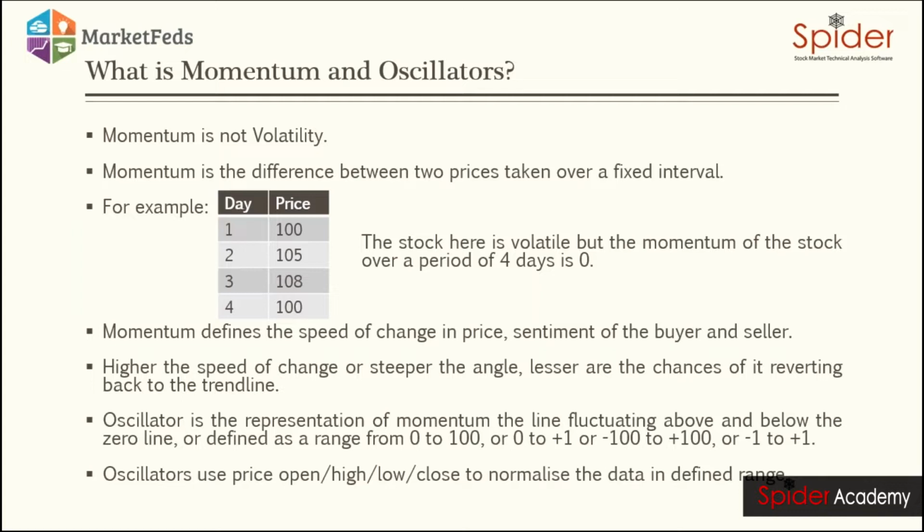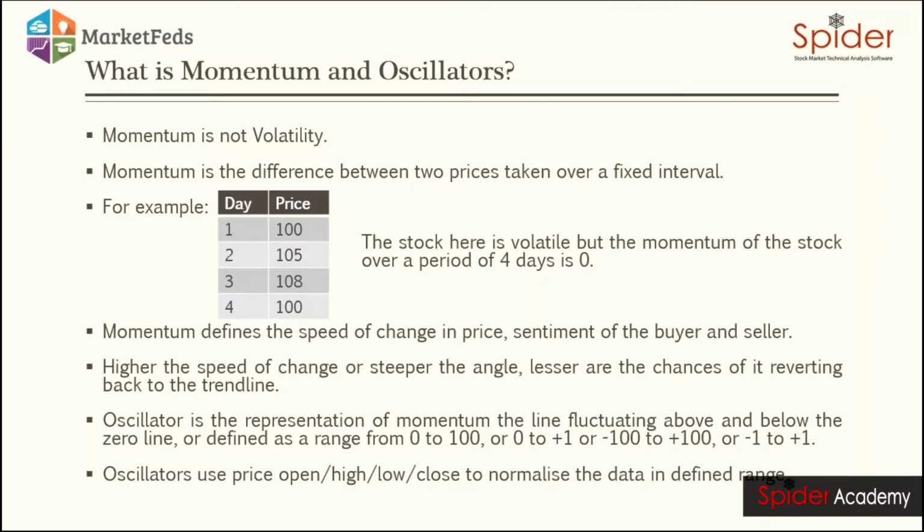So here, the change of price from day 1 to day 2 has been 5 rupees, wherein the momentum, the change in price over a period of 4 days, is 0, as the price on day 1 and day 4 is the same.